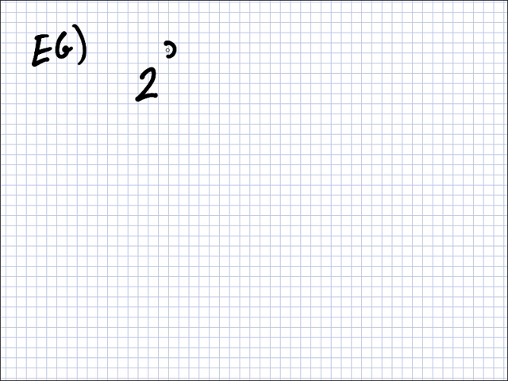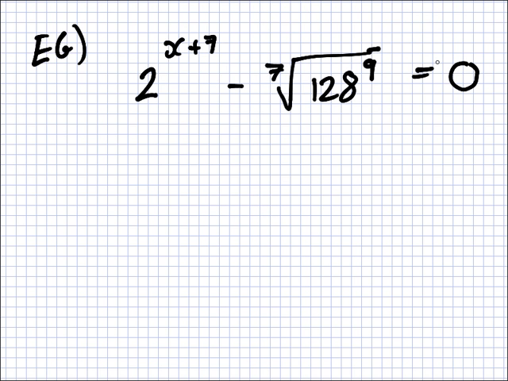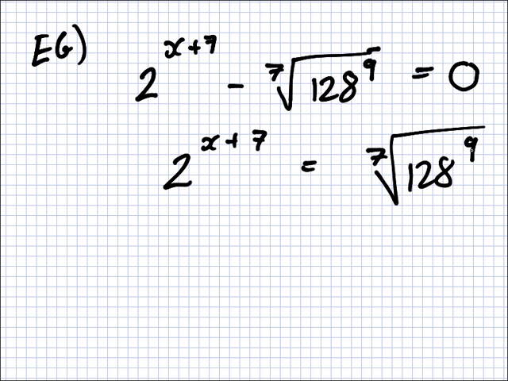2 power x plus 7 minus 7 root 128 power 9 equals 0. What do you think I should be doing first here? Put the fraction in for the root part.